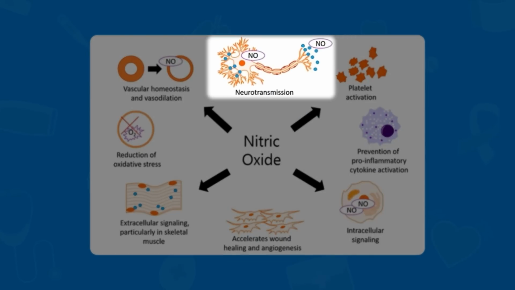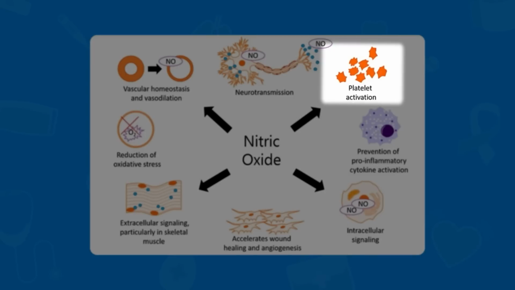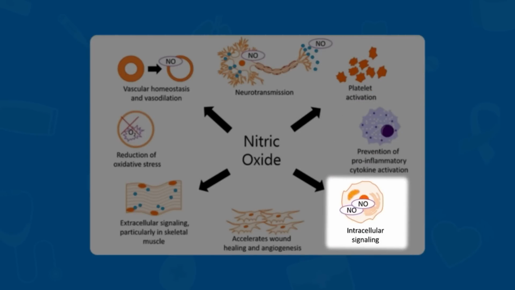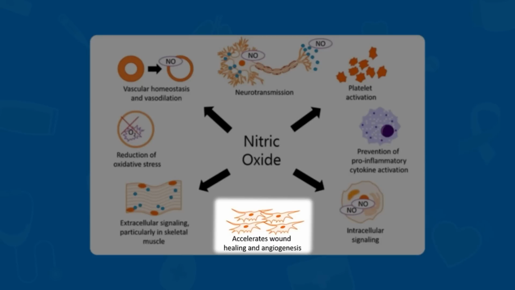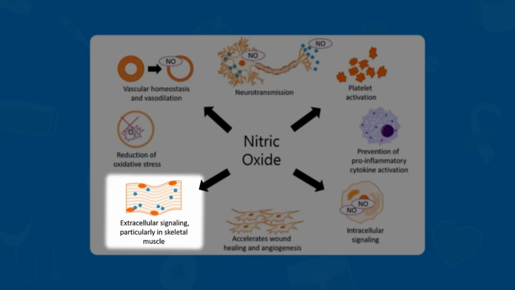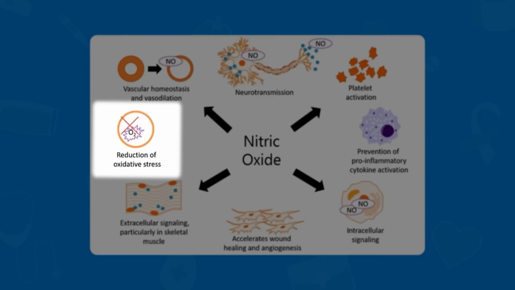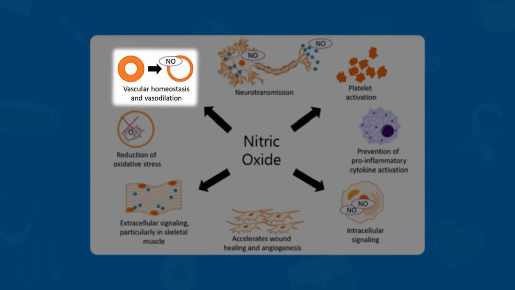Now, again, this is incredibly important for all the body tissues, and all the cell functions are also regulated to a certain extent by the presence of nitric oxide, including all the neurotransmission in the central nervous system and peripheral nervous system, platelet activation, cytokine activation, intracellular signaling, the healing of wounds and angiogenesis, skeletal muscle signaling, the oxidative stress reduction, so we can keep that oxidative stress in check, and vascular homeostasis and vasodilation.